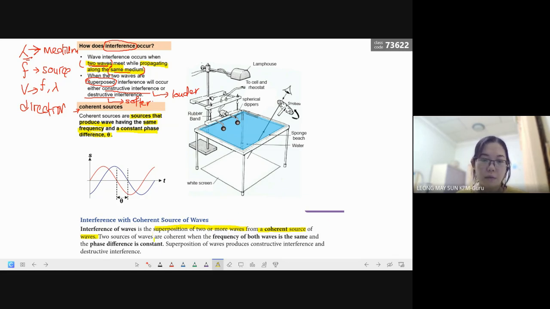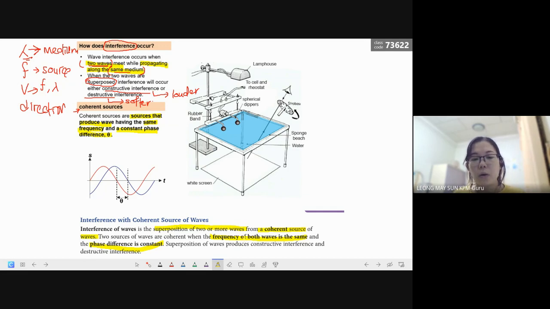The two sources of waves are coherent when the frequency of both waves is the same and the phase difference is constant. This is almost similar to what I have over there, but definition wise, we will always follow the textbook.